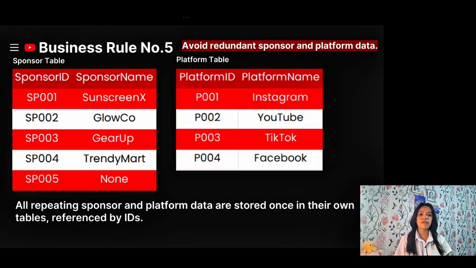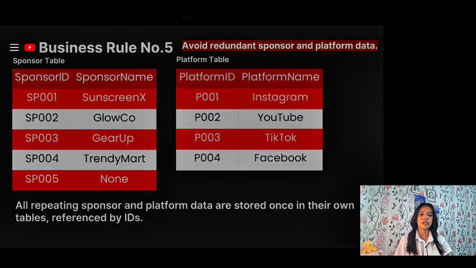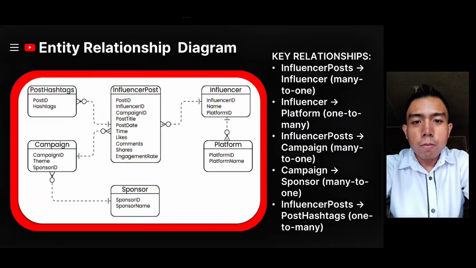Instead, the system references IDs, making updates efficient and avoiding inconsistencies. For example, if Facebook rebrands as Meta, we only change it once in the platform table, and it reflects across all influencer posts automatically.